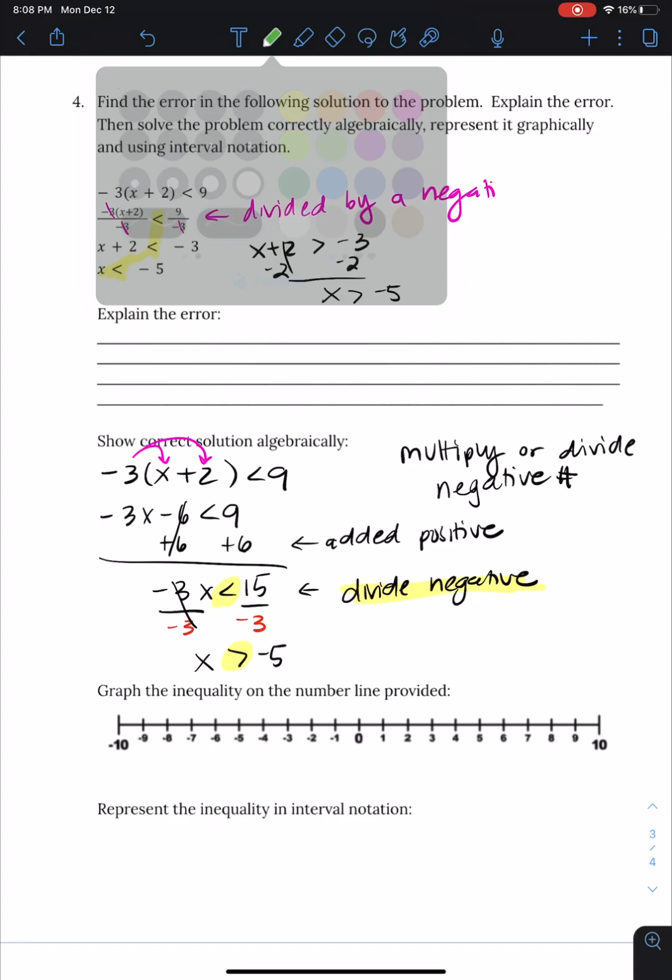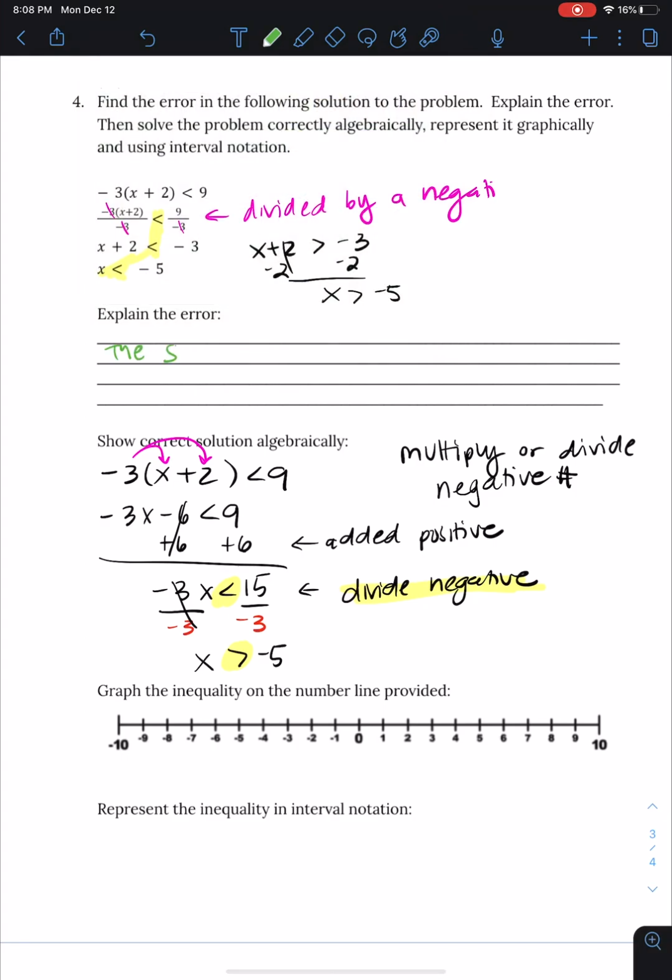So the error here is that the student did not change the less than symbol to greater than after dividing by -3.